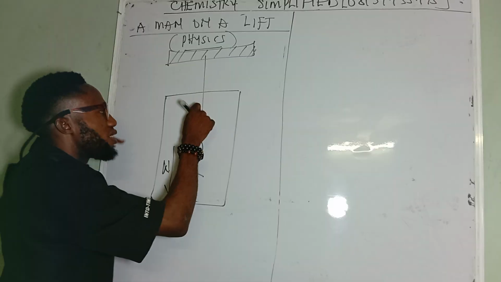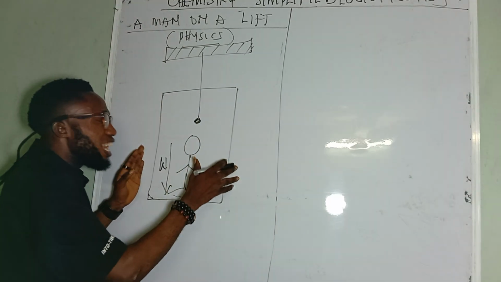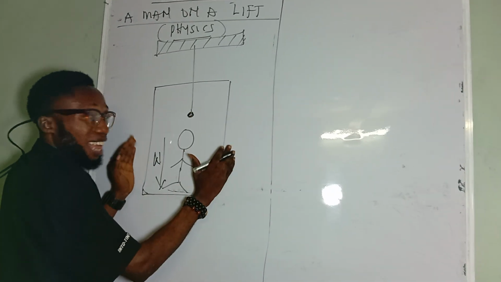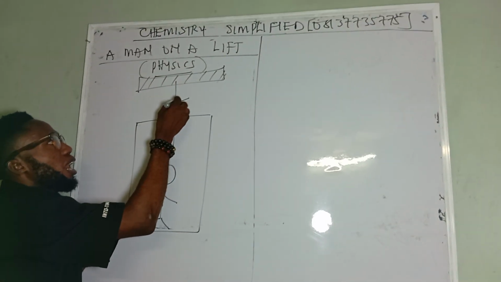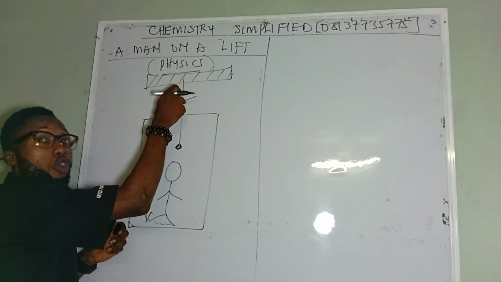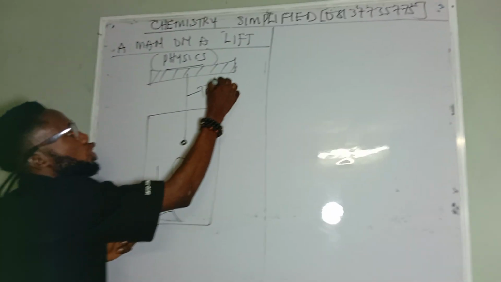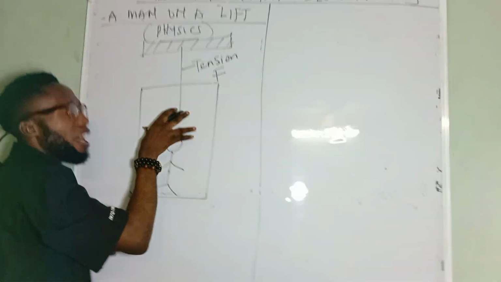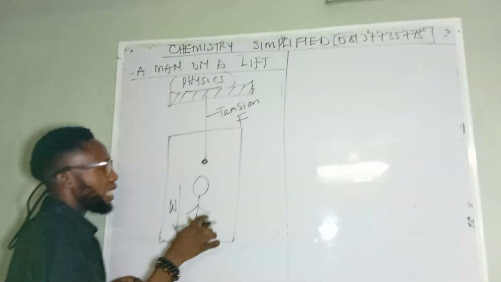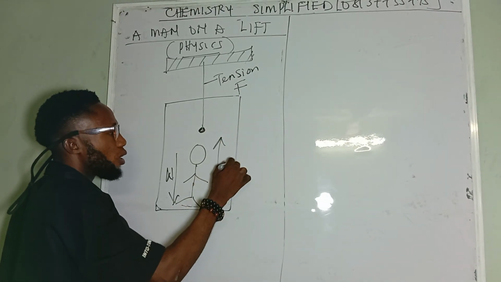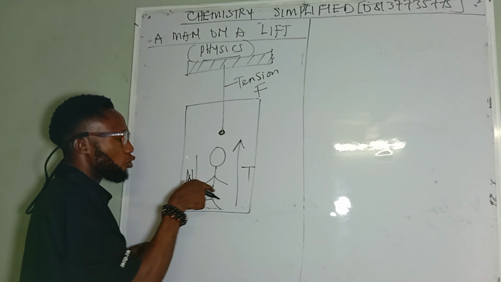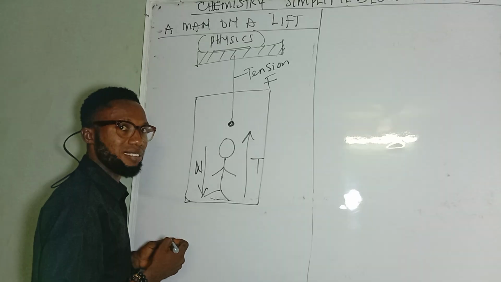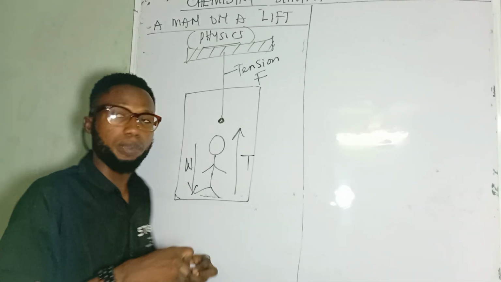There is an upward force that is pulling the lift upward, that makes it stand freely here. So that force in the rope is known as what? As tension. Tension is also a force, F. So we have two forces acting here. We have an upward force called the tension, and we have the downward force of the man called the weight. Do you understand? It's very simple stuff.